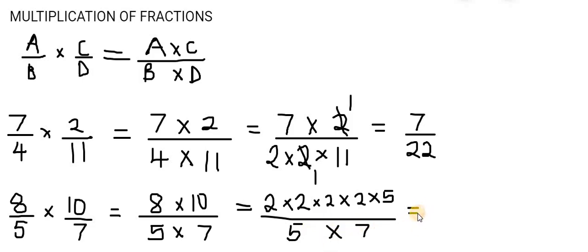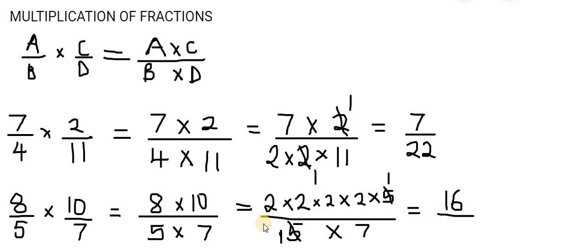Now if we notice, there's a common factor between the top and the bottom of 5, so we cancel the 5 at the top out for 1, cancel the 5 at the bottom out for 1. At the top, now we have 2 times 2, which is 4. 4 times 2, 8. 8 times 2, that's 16 at the top.